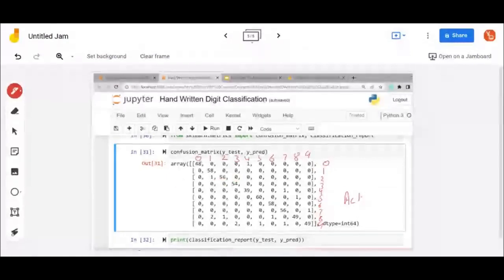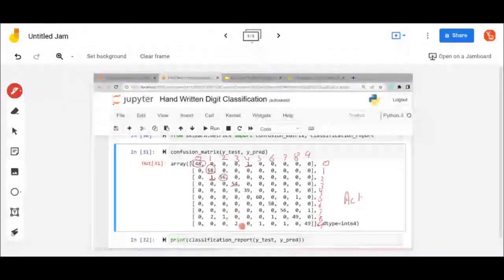Now 0 predicted as 0 are 48, but one 0 is also predicted as 4. Fifty-six 2s are predicted as 2, but one 2 is also predicted as 1.